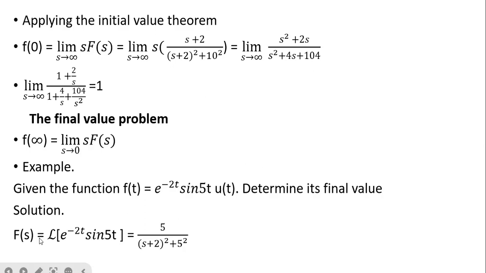The Laplace transform of sine 5t should be 5 all over s squared plus 5 squared. Because of this term here, it is now shifting this to give you 5 all over what? The frequency has been shifted by 2, and that's why we have this. We are just trying to refresh your mind so that you can keep these things in mind.